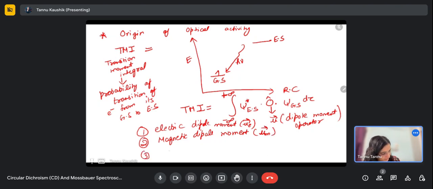And third is the electric quadrupole moment, which has almost negligible value and induces a negligible effect in this transition. So mainly we will be discussing the electric and magnetic dipole moment.